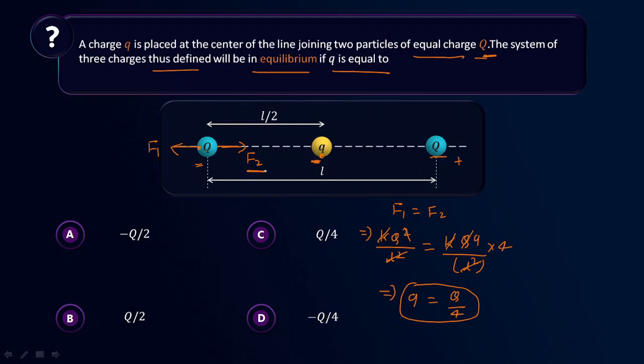That's why the direction of force we have considered as attractive. Yes or no? Or if you consider positive, then F1 plus F2 should be equal to 0. From here you will get the negative sign, meaning our assumption is opposite. In this case, our assumption is correct. That means it is minus Q by 4. Right? Not clear? Clear?